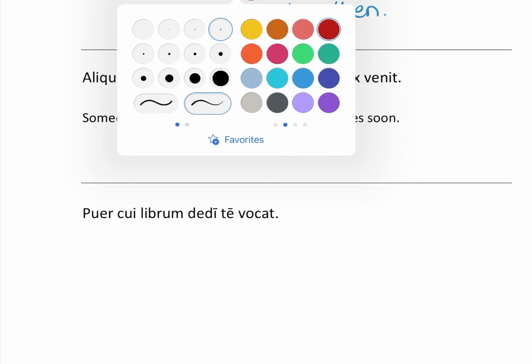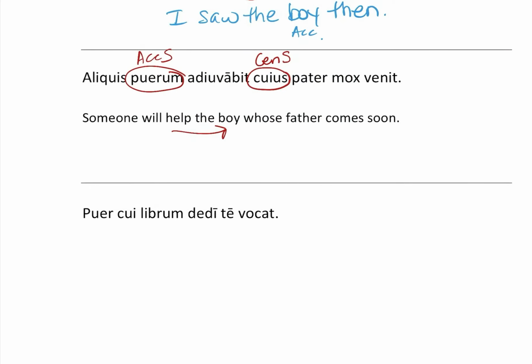And how would we rewrite that so that we know that it's genitive, if you weren't sure, or you weren't sure that that's the antecedent? Instead of cujus, we are going to say of the boy. So pater, that's in the nominative. So this can't be the genitive because we have the nominative. So the father of the boy, or you could say the boy's father.